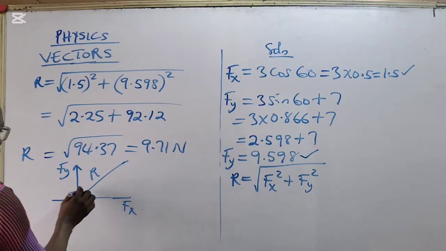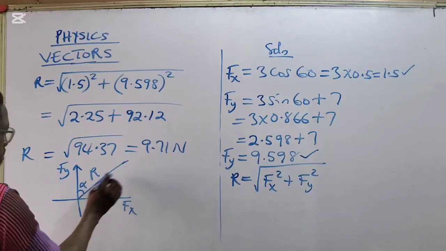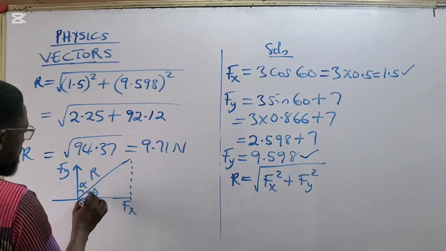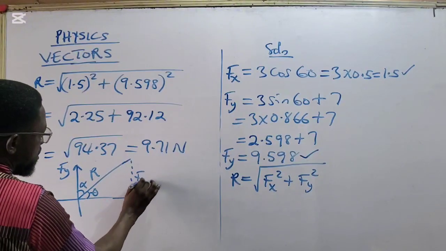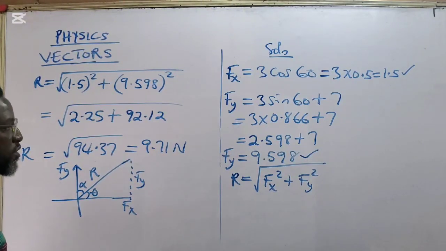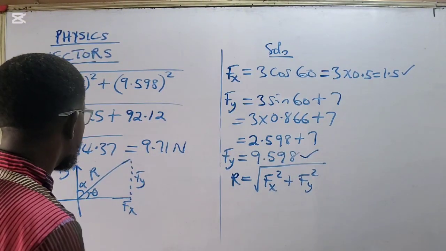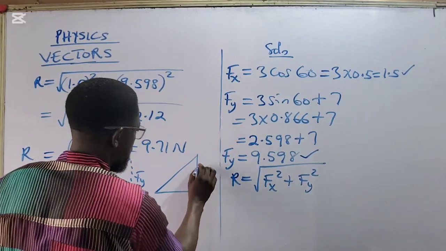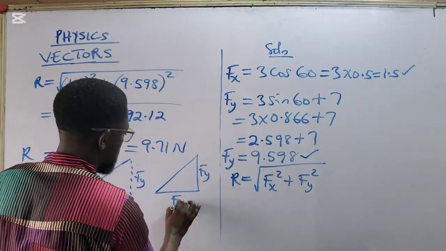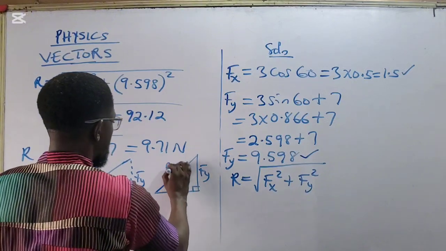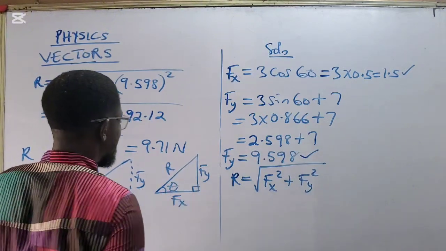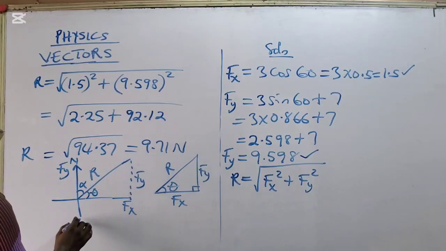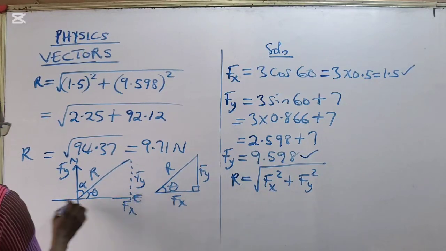So I'm going to obtain the value of this angle, theta. Let's sketch it: Fy here, Fx here, there's 90 degrees, there's your resultant, here's your theta. Here's north, here's south, here's east, and here's west.